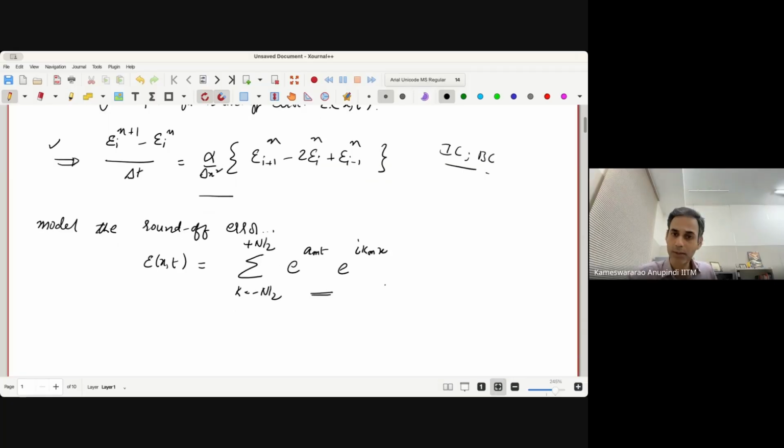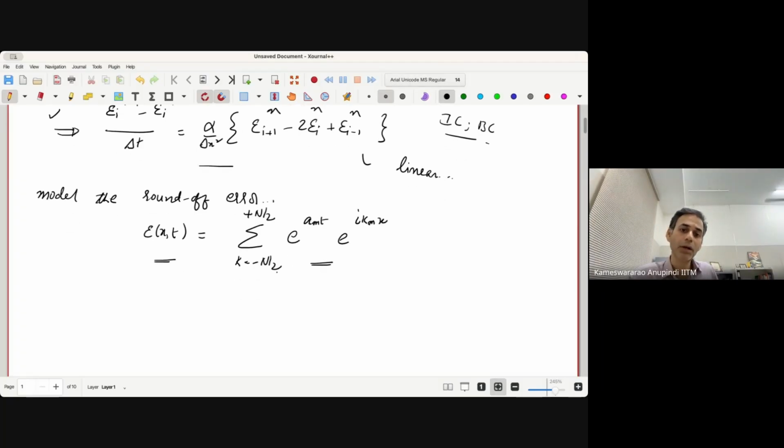Again, because the governing differential equation is linear, we don't have to look at each and every term of this infinite series, which is composed of several terms. We can look at a single term in this equation, and a single term's behavior is good to analyze.